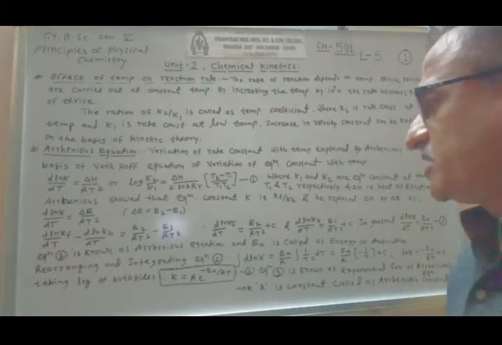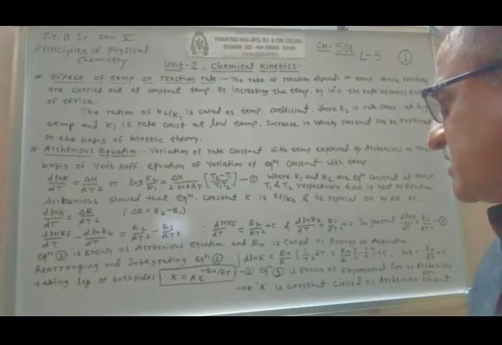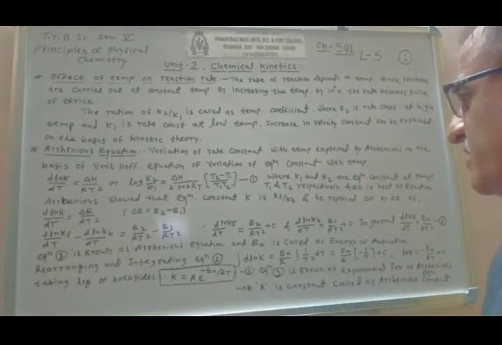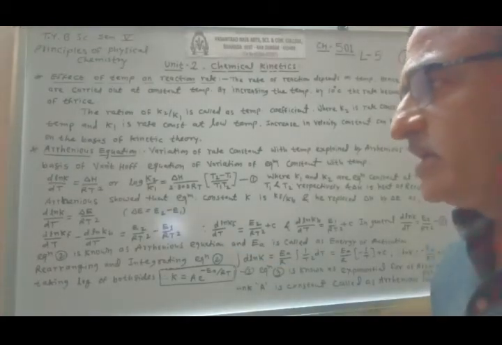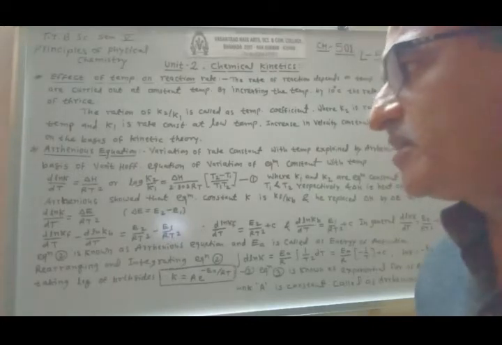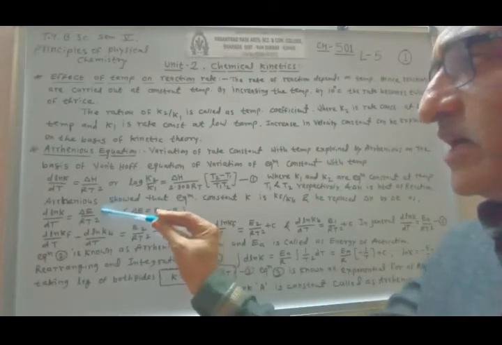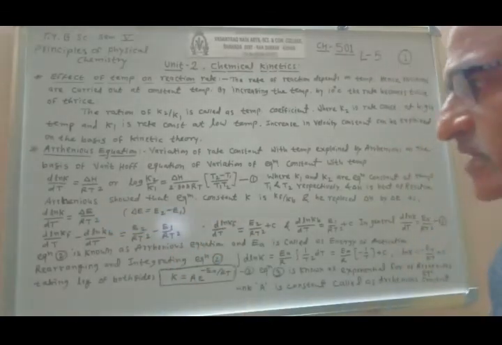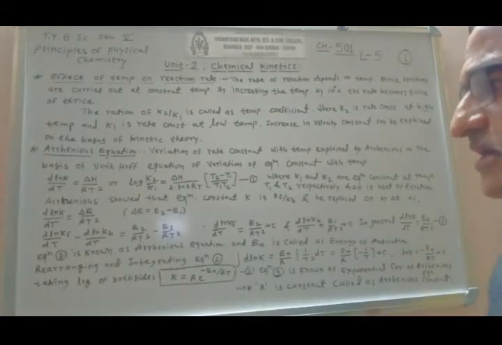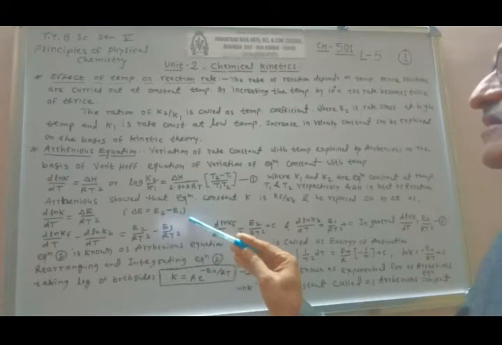So the equilibrium constant is the ratio of the rate of forward reaction to the rate of backward reaction, and he replaced delta H by delta E. The equation then becomes d ln K divided by dT is equal to delta E divided by RT square. Here delta E is equal to E2 minus E1, the change in energy.